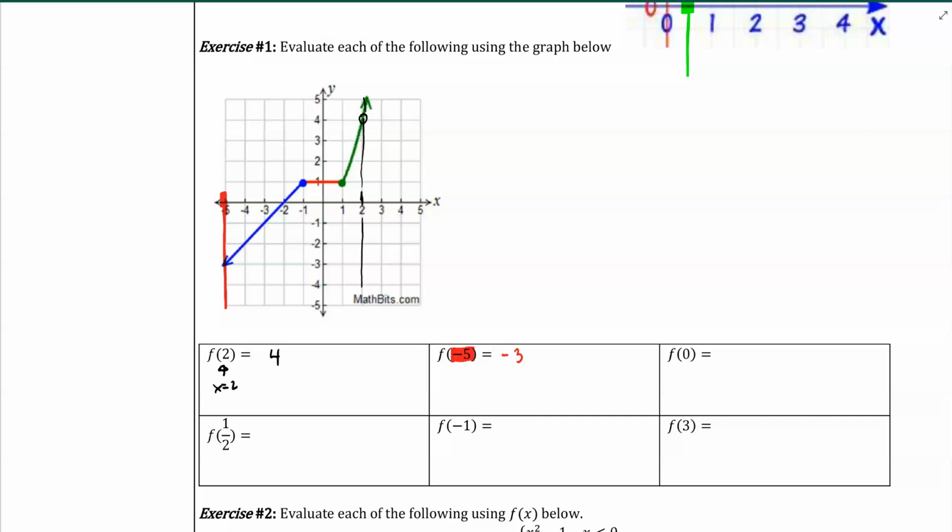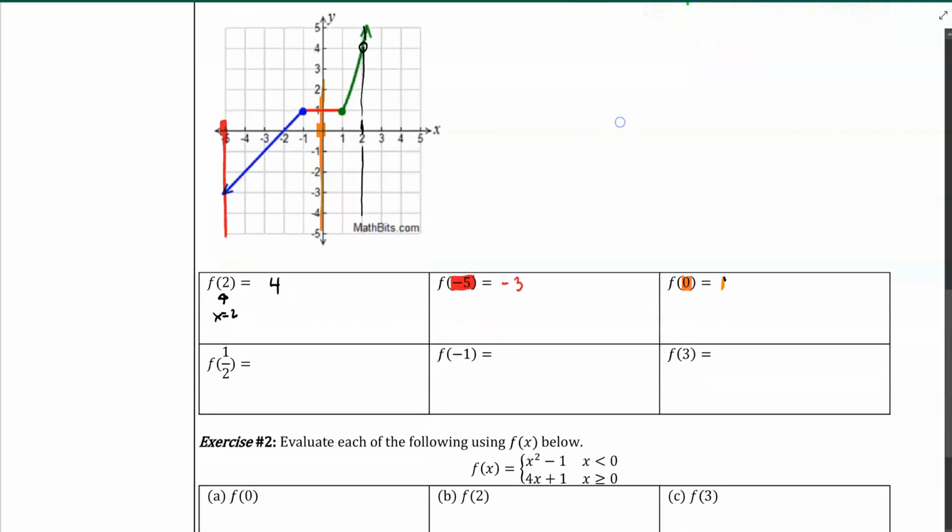f of 0, well, where is 0 on the graph? There's the x value of 0. So what is the y value? Well, it touches the graph at 0, 1. So f of 0 is 1. Okay.